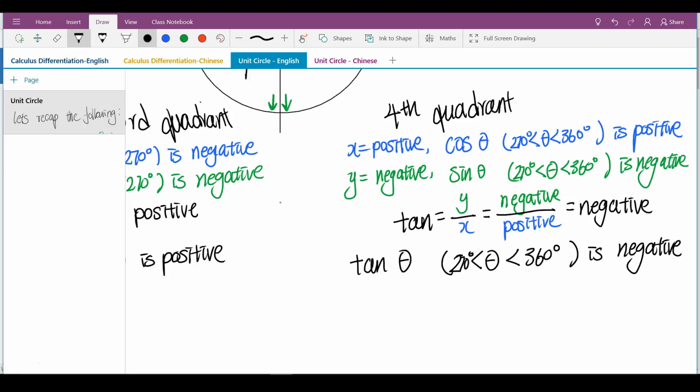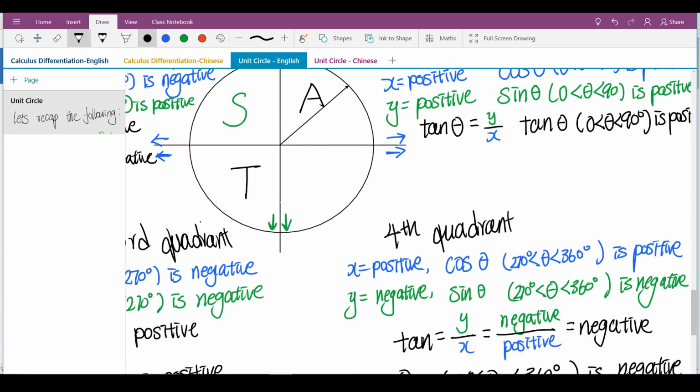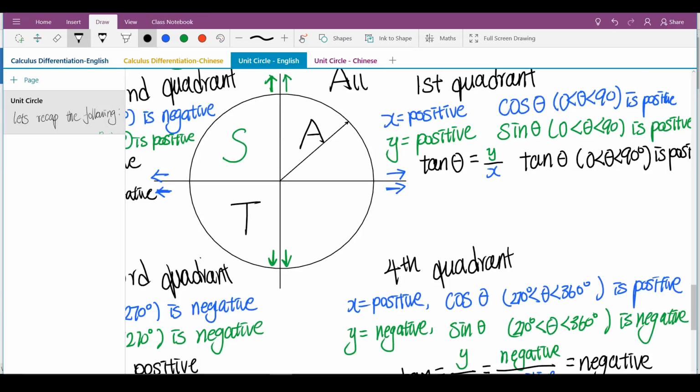Given that out of sine, cosine, and tan, only the cosine value in this particular quadrant is positive, we will call this quadrant C. A big C for cosine.